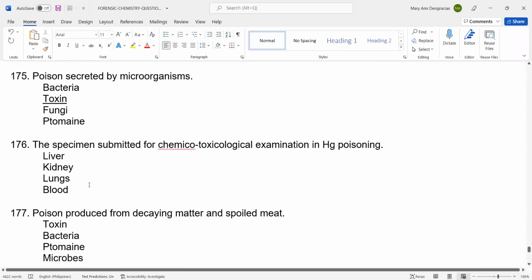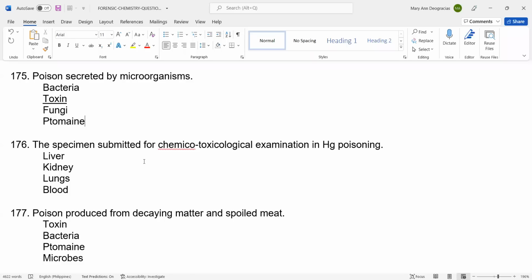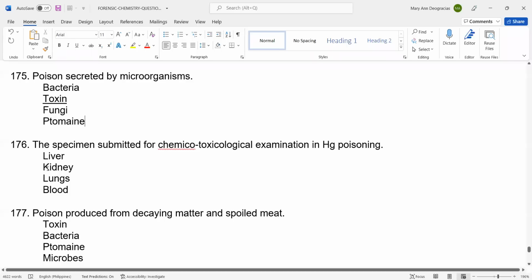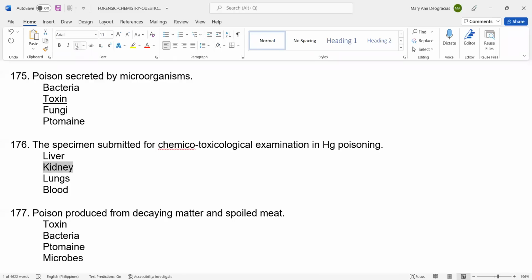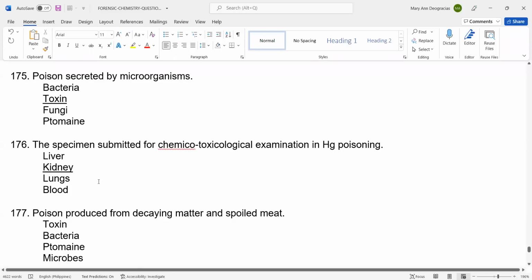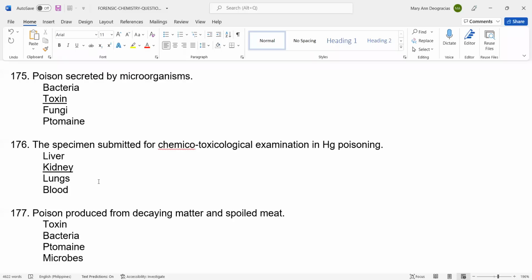The specimen submitted for chemical-toxicological examination in mercury poisoning. So mercury poisoning, it is the blood. Is it blood? Mercury, metal. Okay, kidney, I should say. Poison produced from decaying matter and spoiled meat.